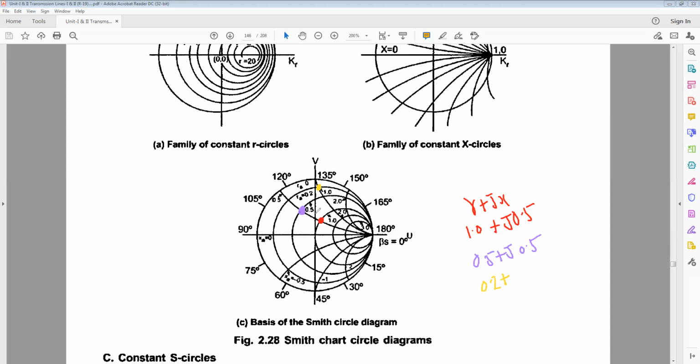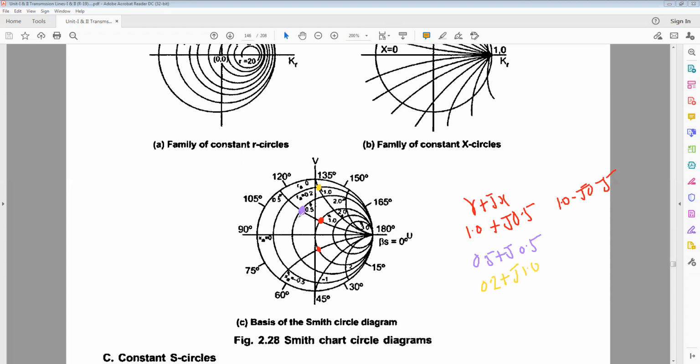Already it is 0.5 and this increases to 1, so j into 1.0. Suppose the same point is there in the bottom line. Suppose here we can check. This becomes 1.0 minus j into 0.5. Got it, my dear students? Only the change here.